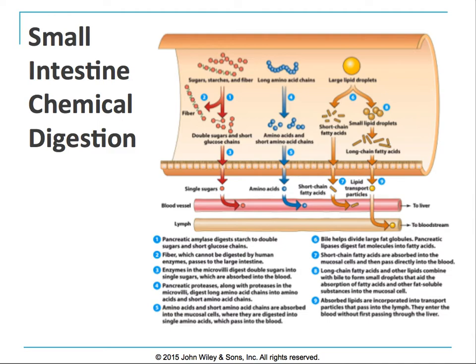I know there's a lot of different chemicals that work in the small intestine and different routes of absorption through the blood vessel and the lymph vessel. I would encourage you to look closer at this slide or at the diagram in your text to really familiarize yourself with the digestive mechanisms that take place and how they affect each of the macronutrients.